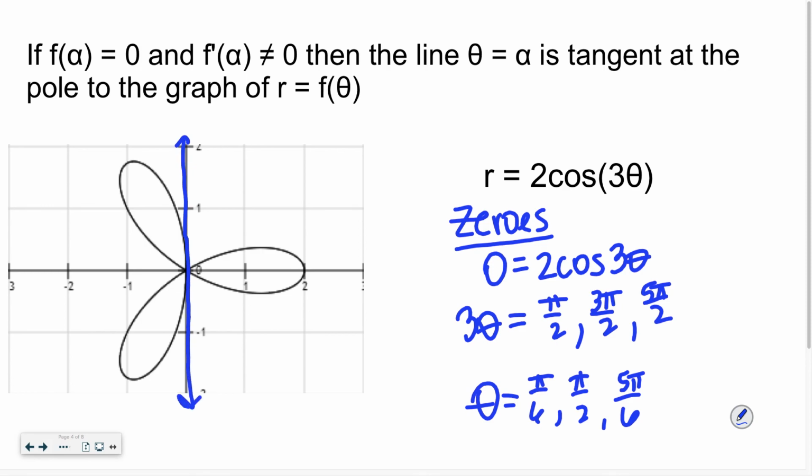It's really not that bad. Where did the pi over 6 and pi over 2 come from? When I took these and divided the 3 over.